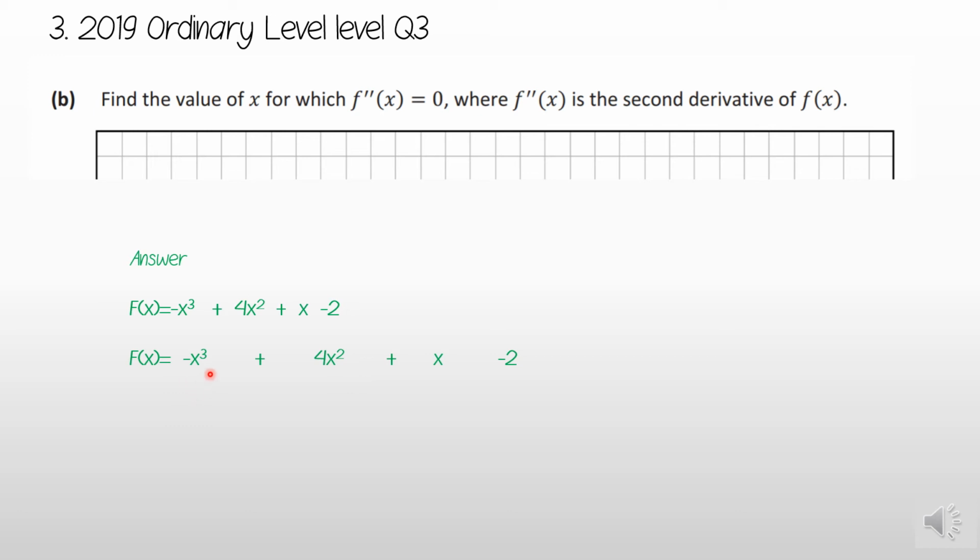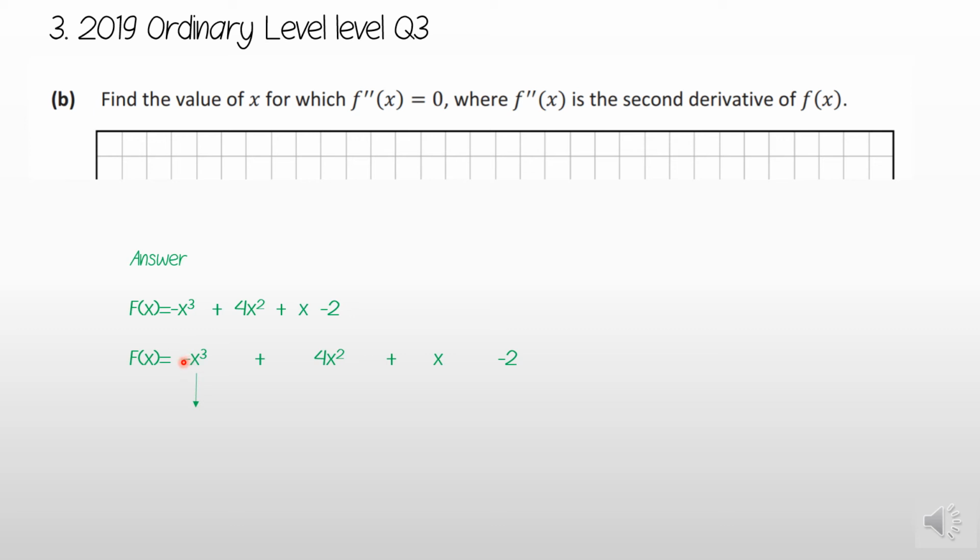When you're doing differentiation, you do each term individually. You differentiate this term, that term, and that term, and then you put them all together, and that's your answer. Let's start with this term. When you differentiate it, the first step is you write the constant, whatever value it had before.